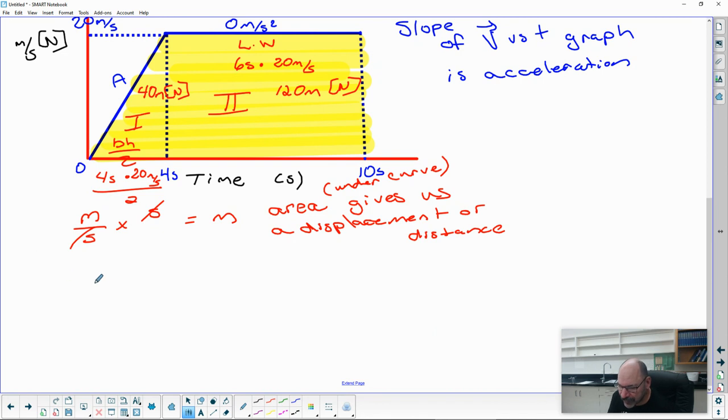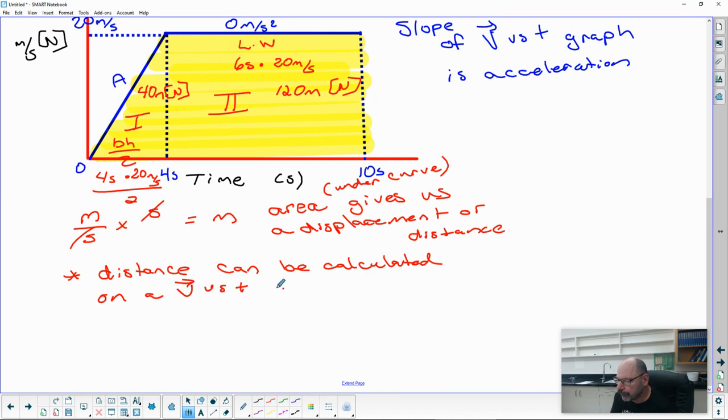So then you can have negative numbers as well. So that's where you can get into the point where distance can be calculated as well. So distance can be calculated on a velocity time graph. Okay, and when you do this, you ignore direction.